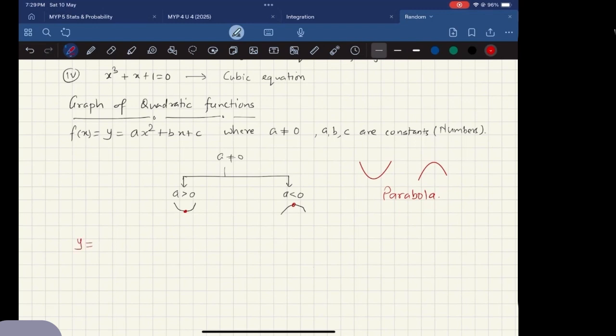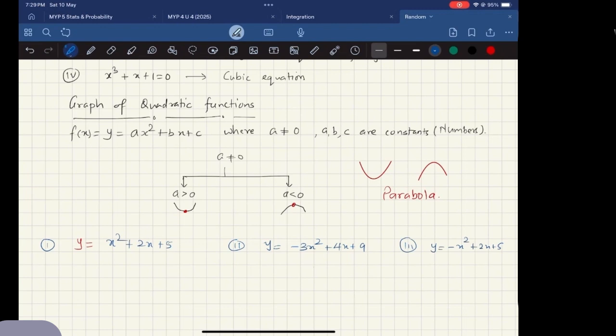The first one: y is equal to x squared plus 2x plus 5. Second: y is equal to minus 3x squared plus 4x plus 9. Third: y is equal to minus x squared plus 2x plus 5.